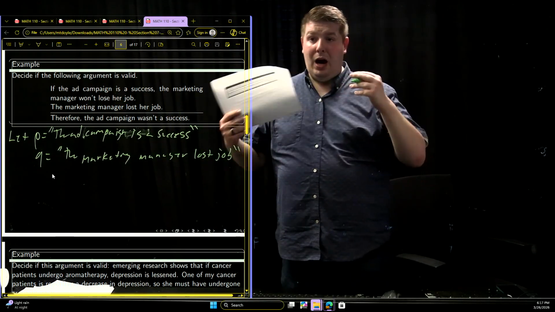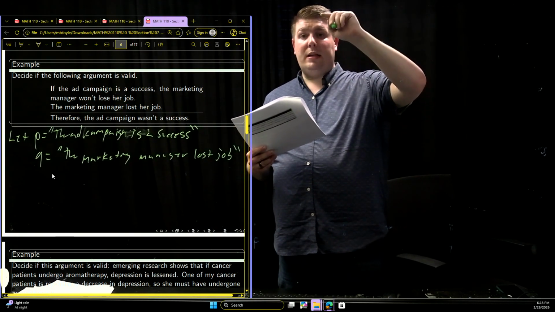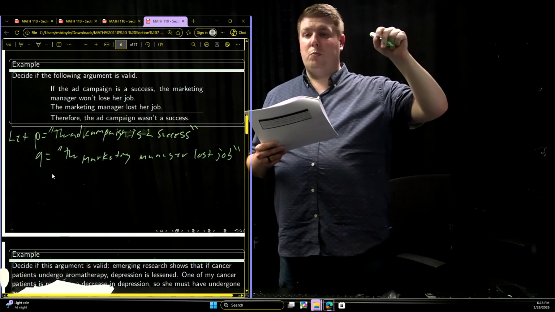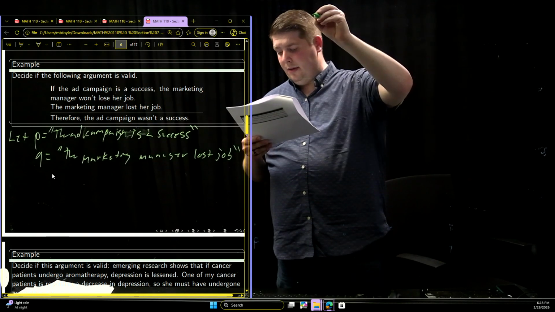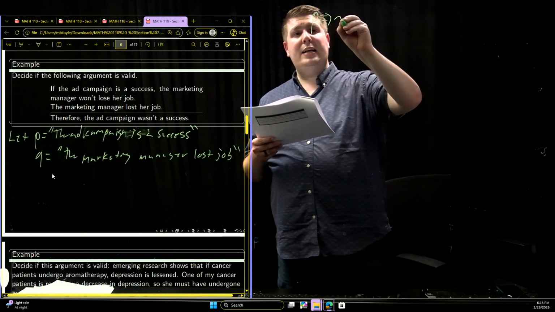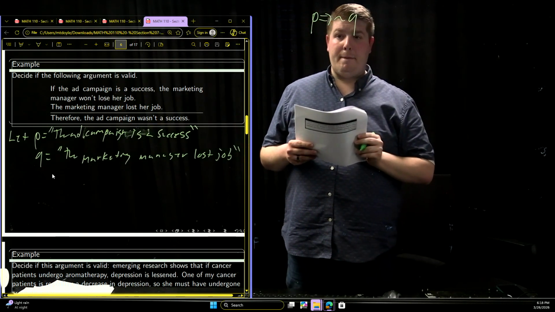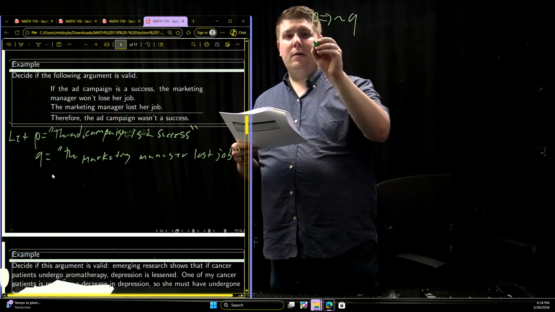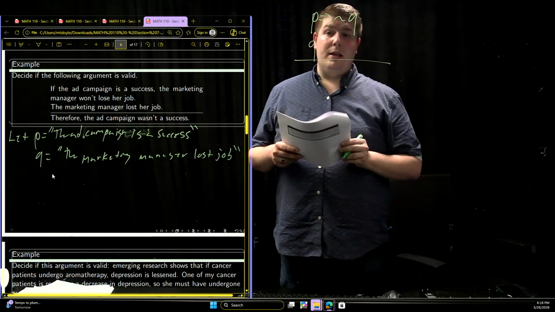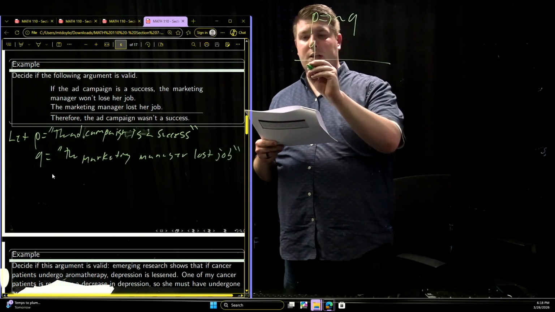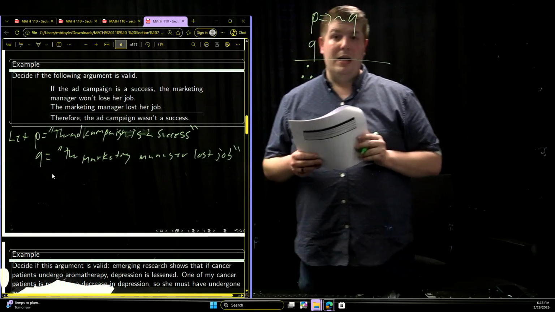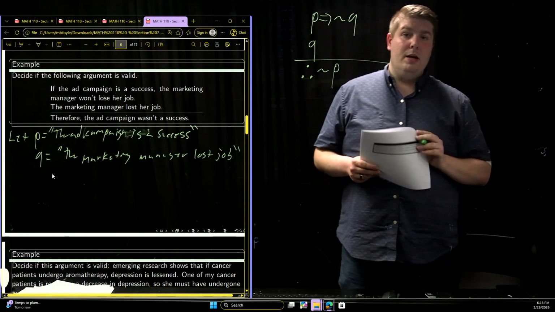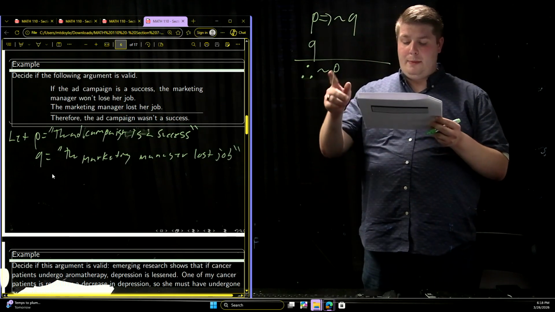So, how is this argument set up? If the ad campaign is a success, then the marketing manager won't lose her job. So that is a P implies not Q statement. Then what happened? Well, the marketing manager lost her job, so that's Q. Therefore, and you could draw 3 dots right here, that means therefore, not P. So our job now is to make a truth table of this.